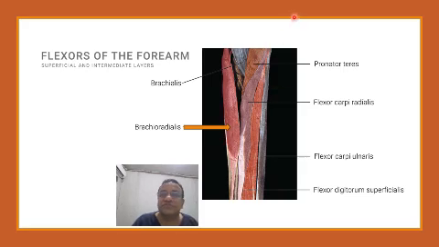So, next muscle you see is pronator teres. Pronator teres is actually one of our flexor muscles.